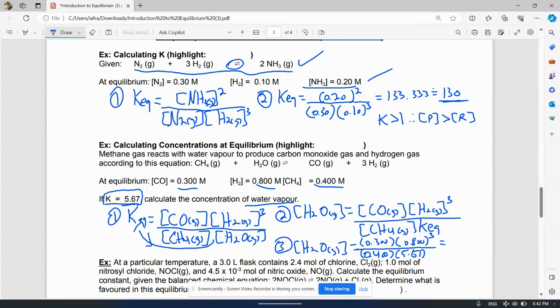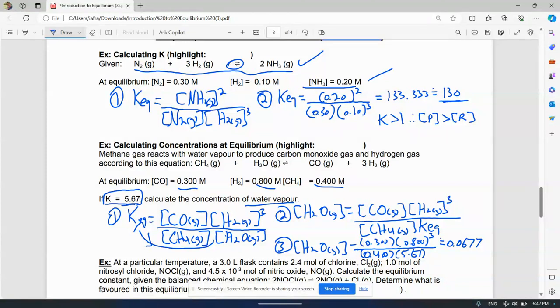So let's go ahead and figure that out. So 0.8 cubed times 0.3 divided by 0.4 divided by 5.67. And it looks like I get, and you should try this too, remember you're pausing and trying, 0.06772, but I suppose I would leave it at 3 sig figs.